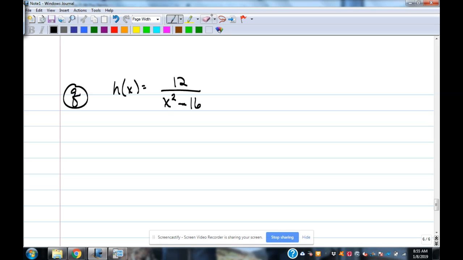X in the denominator. So there's our red flag right there, that x is in the denominator. What do I have to do with that denominator now? Set it equal to 0. So x squared minus 16 equals 0. That's a quadratic. We know how to solve quadratics. I hope so.